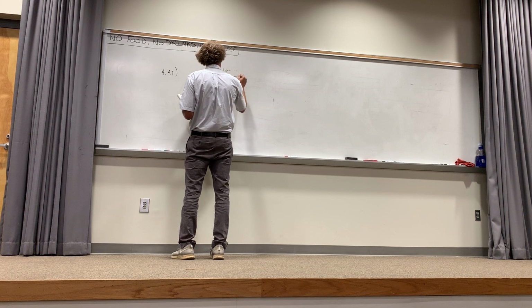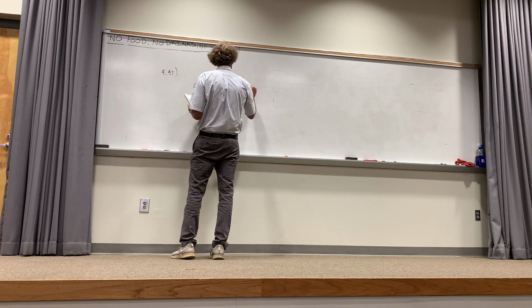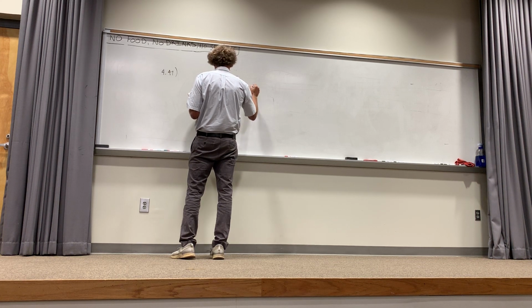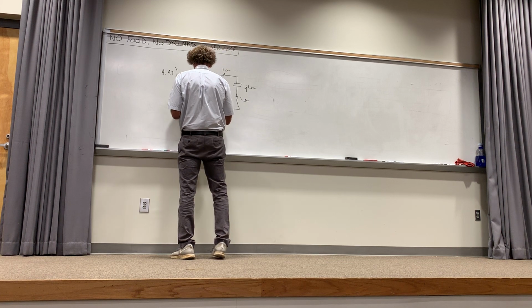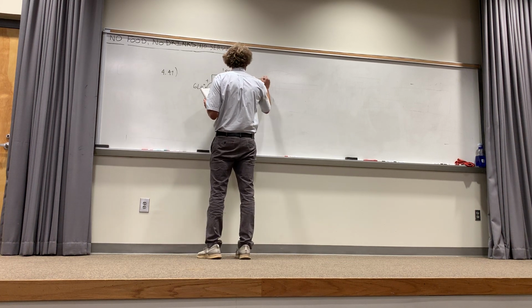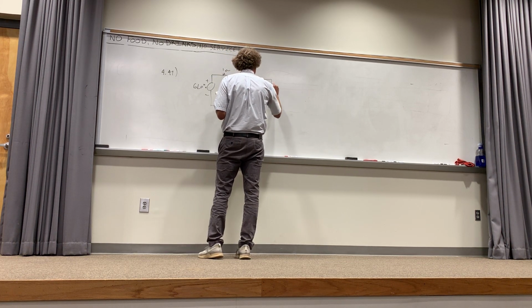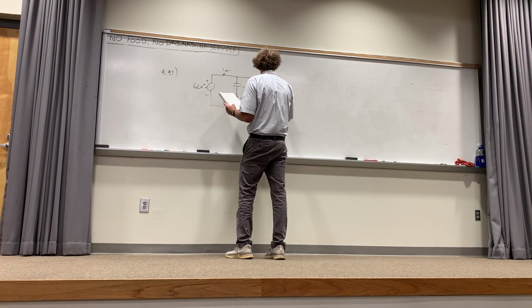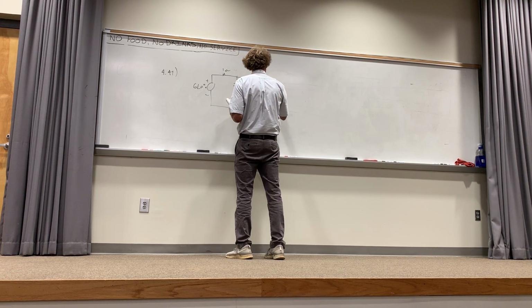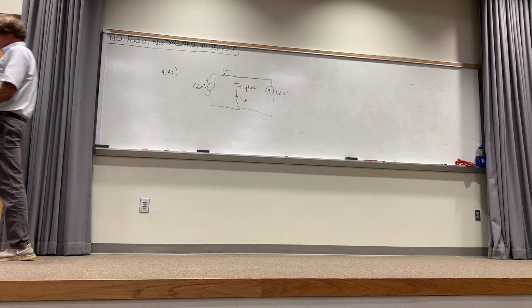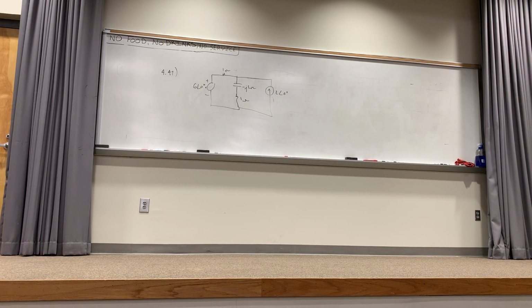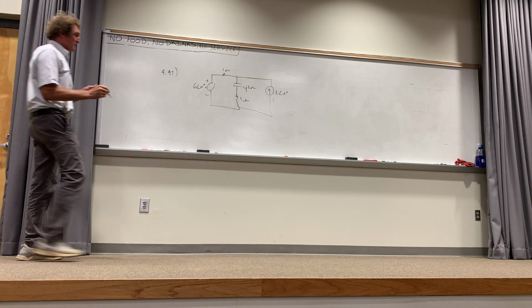And then they have a capacitor here of minus j1 ohm. And then they have a resistor of 1 ohm. And then they have a current source here of 2 amps, I believe. And they want the voltage across the 1 ohm resistor that's right here. This is what they're after, this voltage.